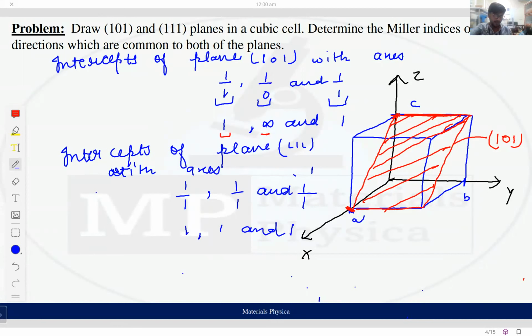It means this plane cuts the x, y and z axes at A, B and C. So now let us draw this plane.